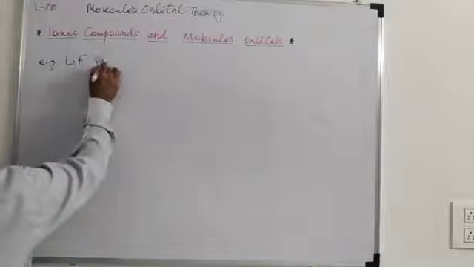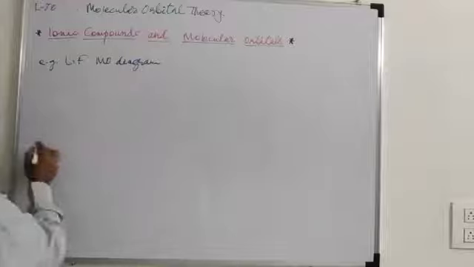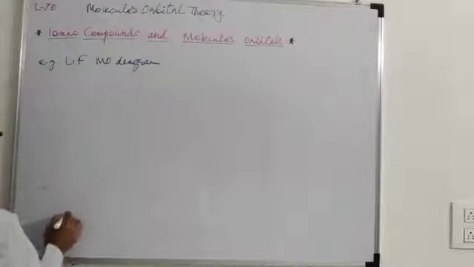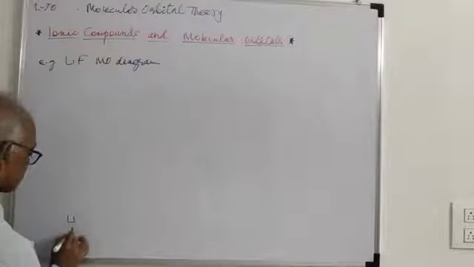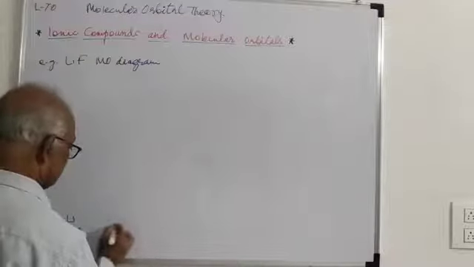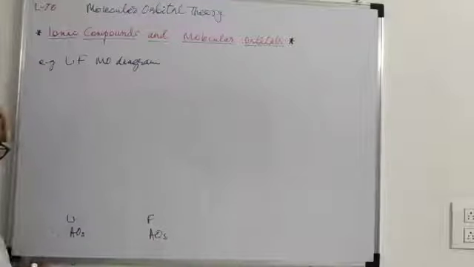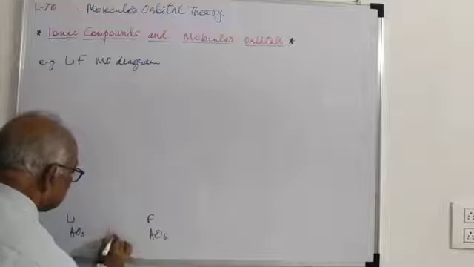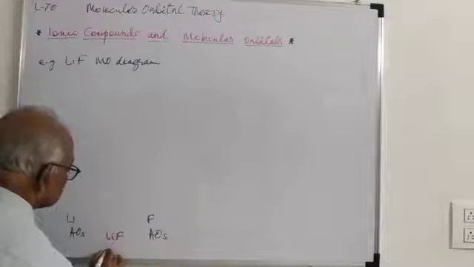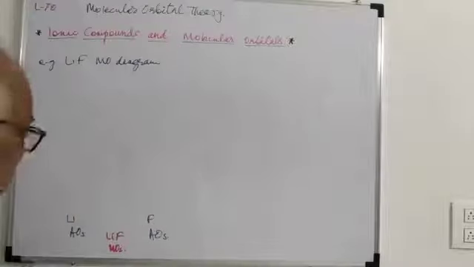In this MO diagram, we are showing the atomic orbitals of lithium on this side, atomic orbitals of fluorine on this side, and molecular orbitals of lithium fluoride in between them.